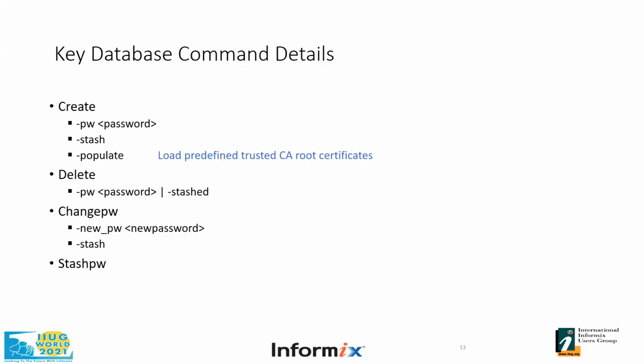Now, generally, you don't need that for Informix, but if you are having your certificate signed by one of these providers, then you may want that. You can delete a key store, you can change the password on a key store, and you can stash the password on a key store. Notably, if the password is stashed, you can change the password on a key store without knowing the password, as long as you can read the stash file.